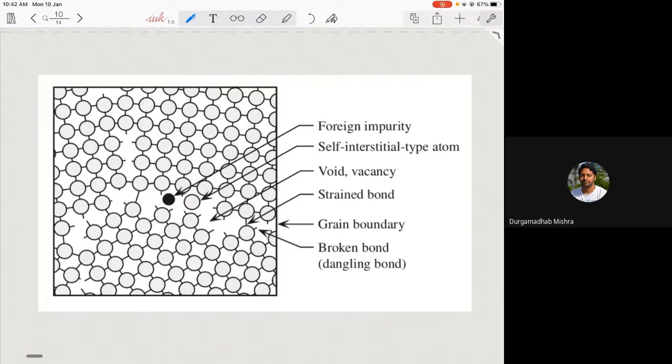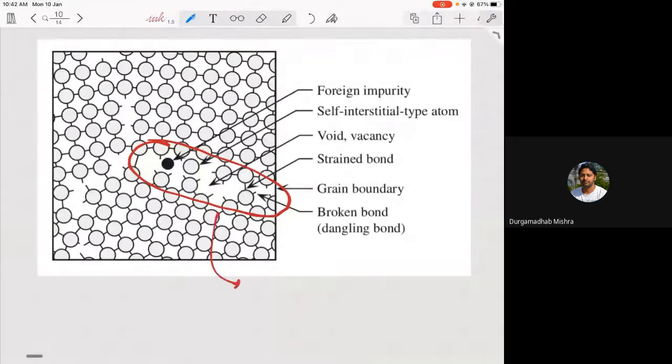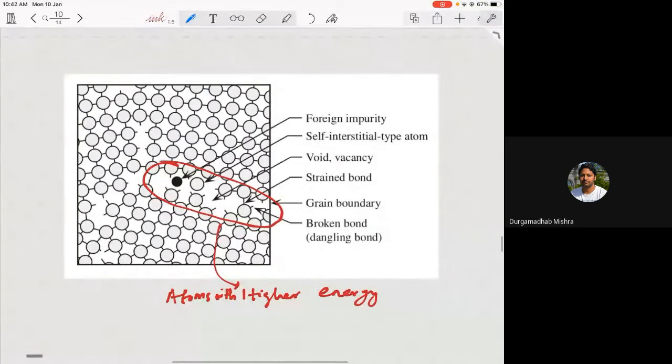This is the grain boundary, where atoms normally have higher energy. So atoms with higher energy normally will go to the grain boundary.